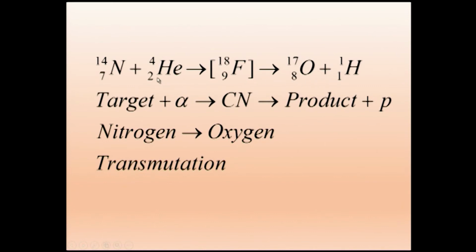What has happened here is target plus alpha has become CN, the compound nucleus, and we get the product O 17 and the outgoing particle is a proton. So, in this reaction this nitrogen has become oxygen. So, there is a transmutation, the nucleus itself has changed.